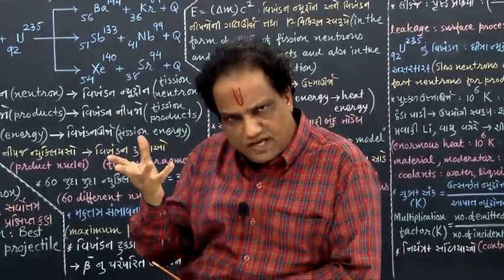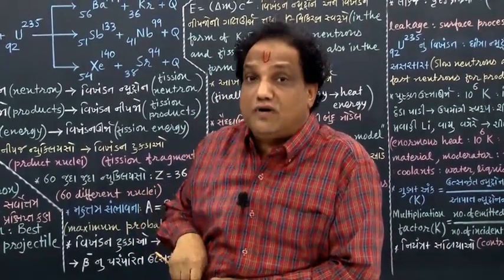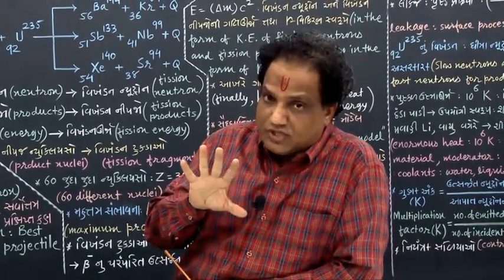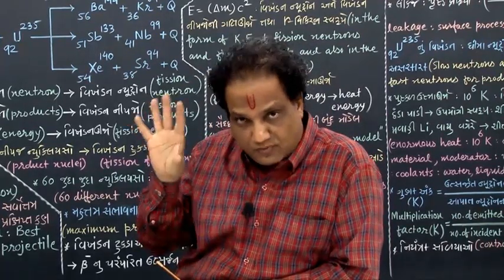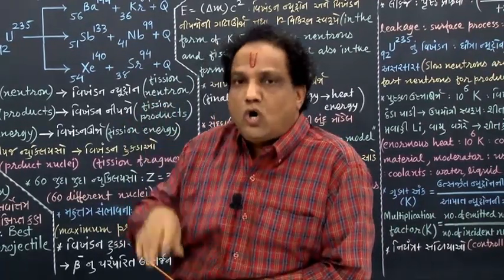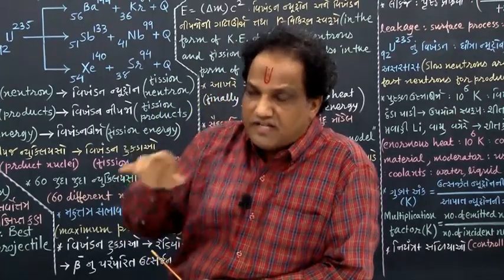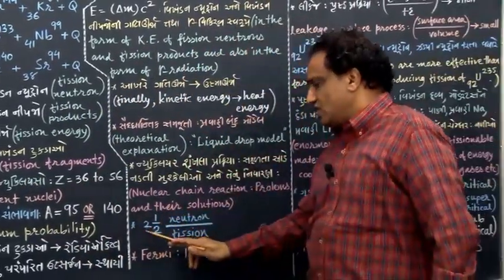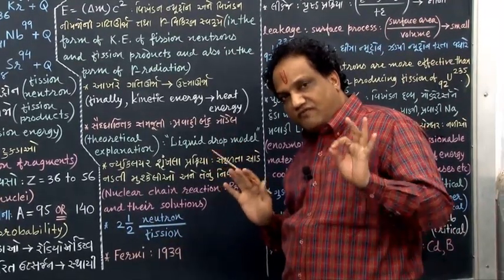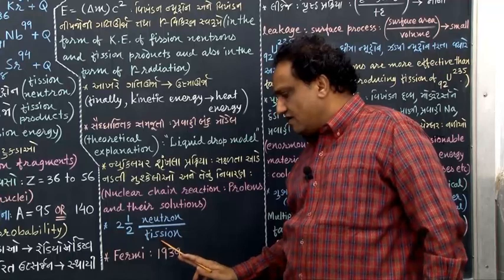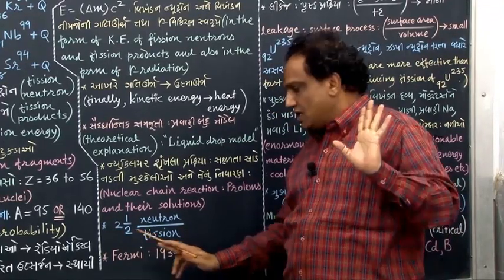In some other reactions we get 4 neutrons per fission. So the number of neutrons generated in these processes is different. On average we find that 2.5 neutrons are emitted as fission neutrons per fission process.